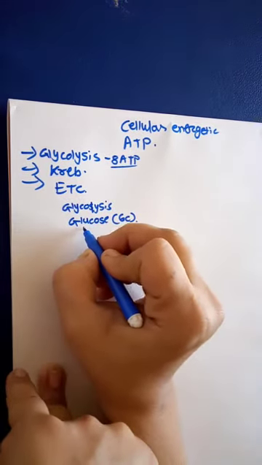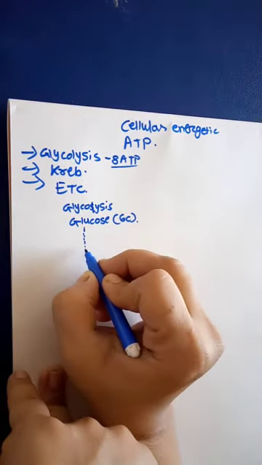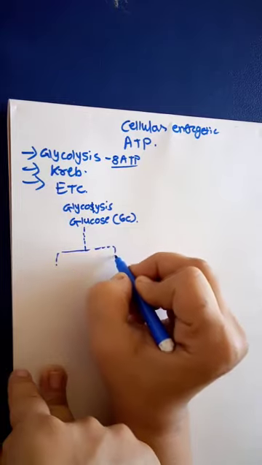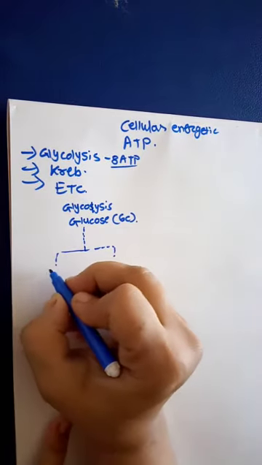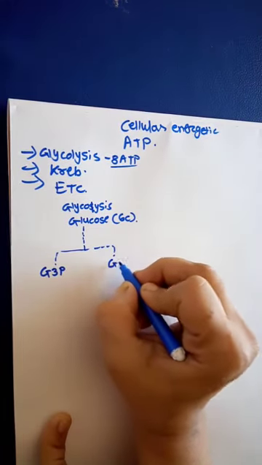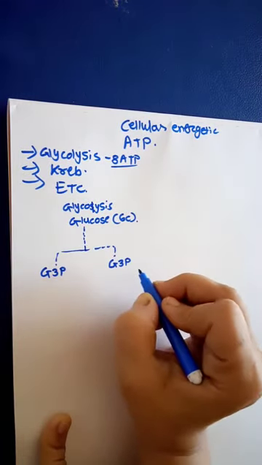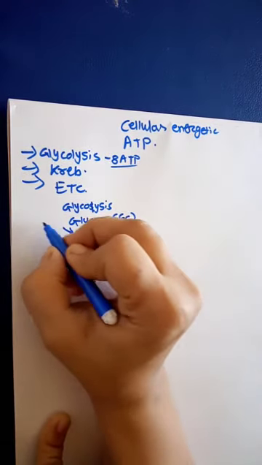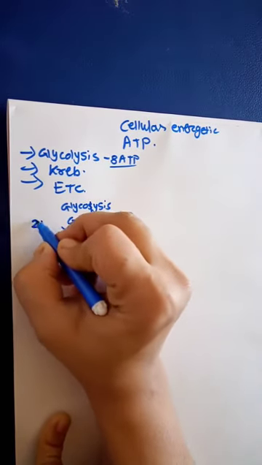It undergoes a series of steps, and one of the intermediates of glycolysis is glyceraldehyde 3-phosphate. We get two molecules of glyceraldehyde 3-phosphate. Here there is an investment of two ATP molecules.